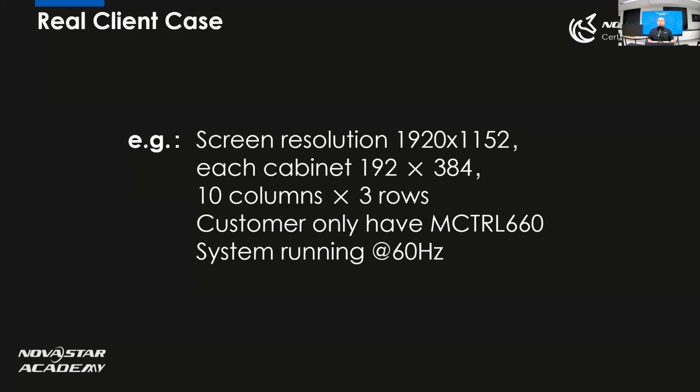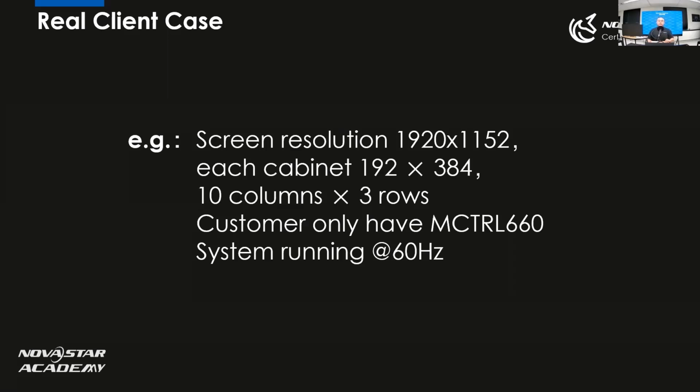Okay, so the question is how we can finish the screen connection, or how we can finish the cabling. If we calculate the output, I believe you should still remember the loading capacity for each output.